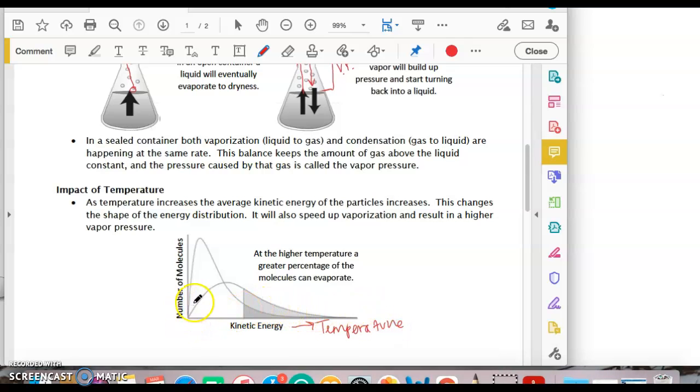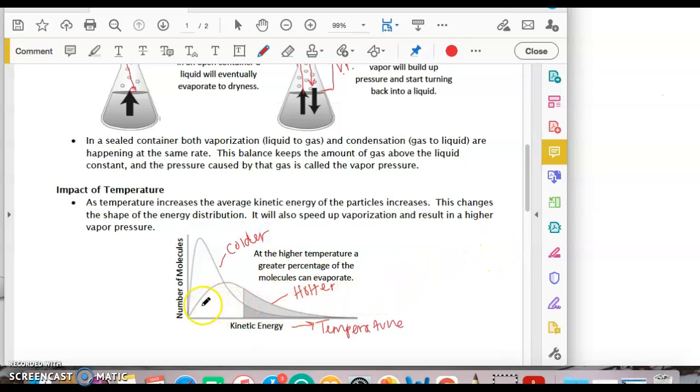So as our temperature increases, meaning that our graph goes further along that x-axis, more molecules will get enough kinetic energy to leave. So the curve here is actually hotter. Whereas the curve up top, where it goes further up the y-axis but doesn't go further on the x-axis, meaning it doesn't have more temperature, is colder or cooler.